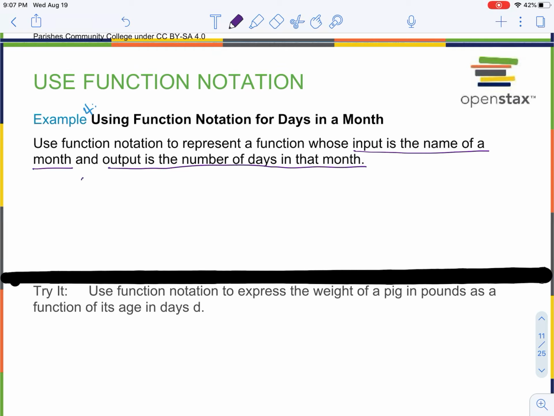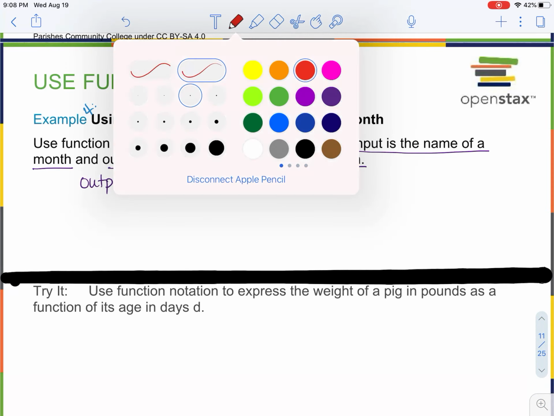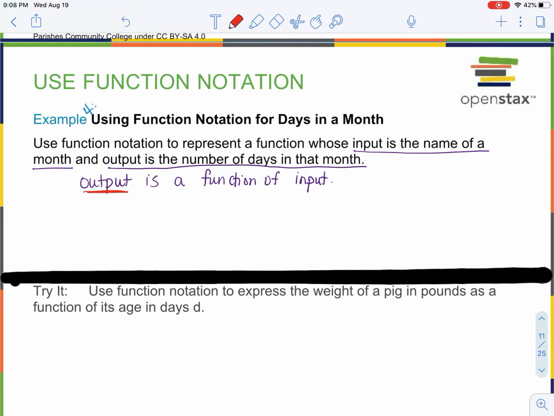So remember that output is a function of the input. Just keep saying that to yourself over and over again. That's going to help you so much with this wording. So the output in this case is the number of days.